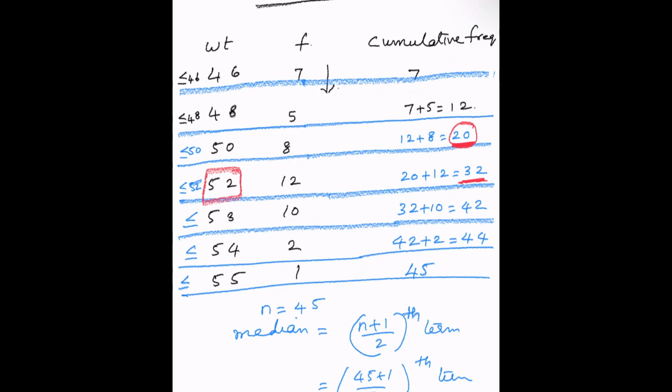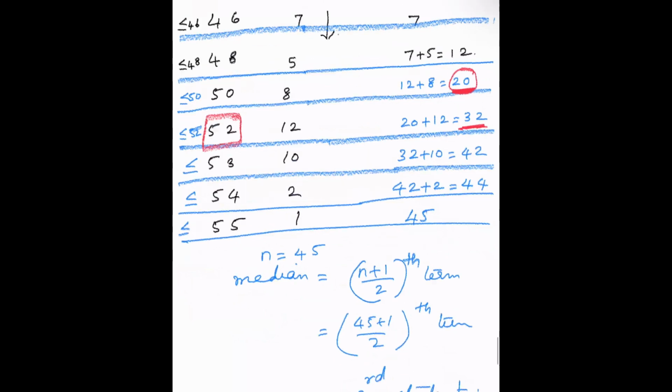So the 23rd, 24th, 25th, up to the 32nd student have the weight 52. The 33rd student to the 42nd student have the weight 53.